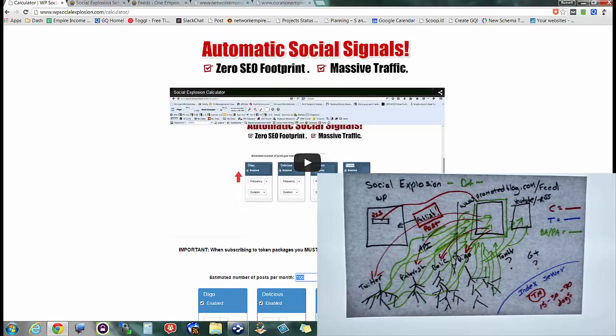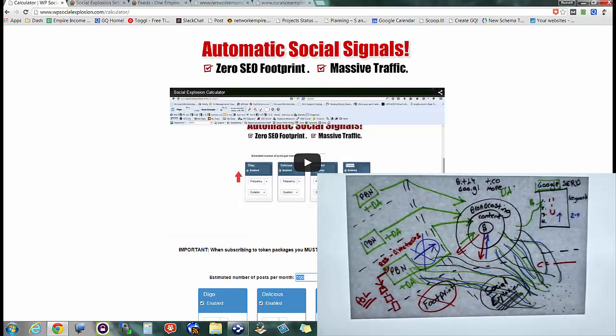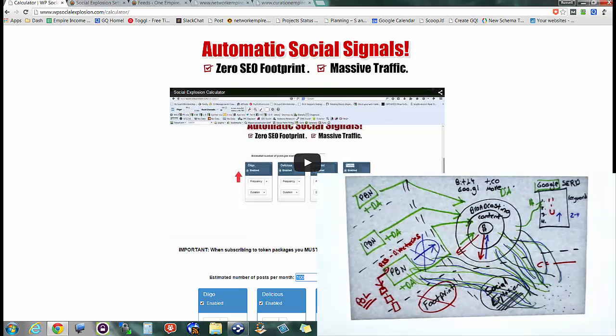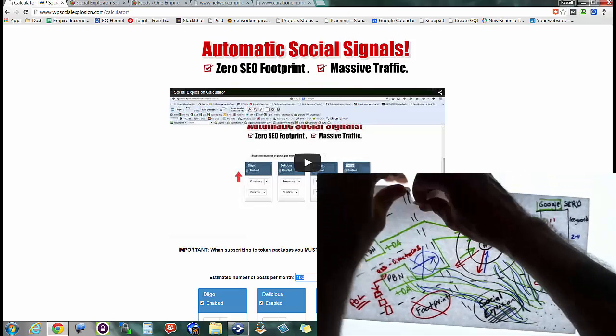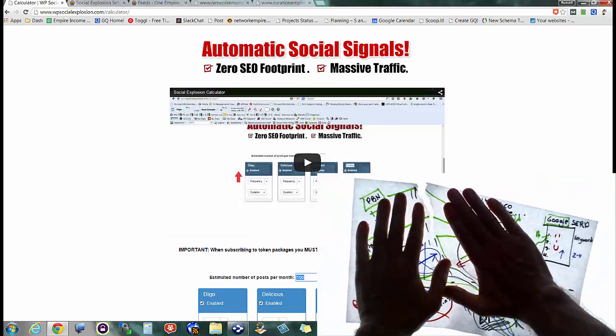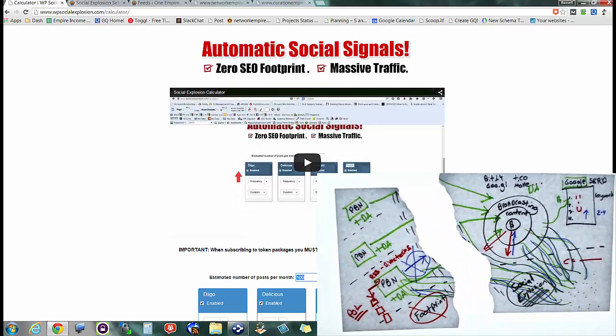And once you understand that, disconnect is good. You can use disconnect to your advantage because disconnect is all about making sure that your PBNs and your empire strategies stay disconnected so that there's no footprint.